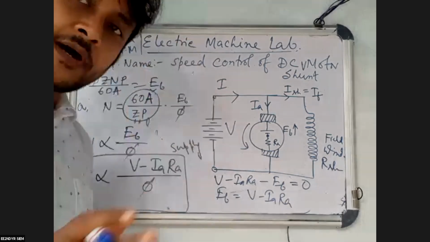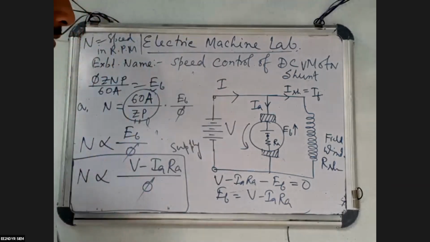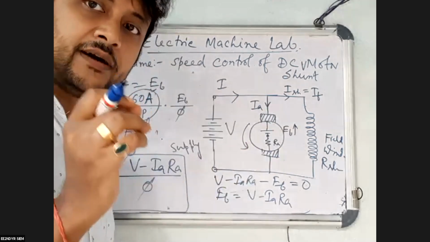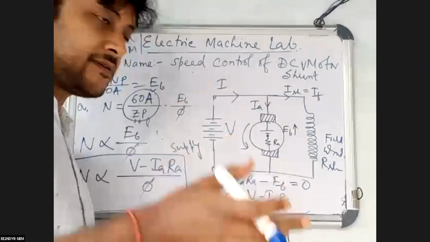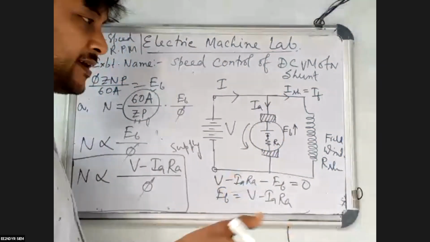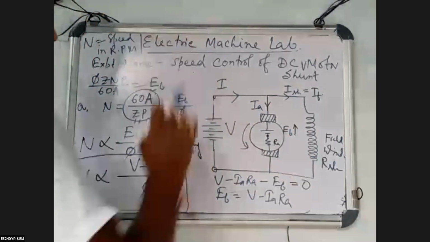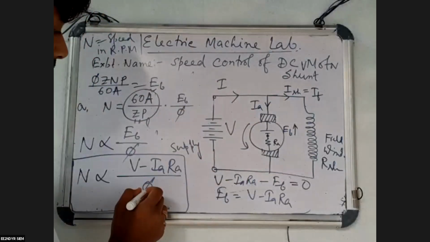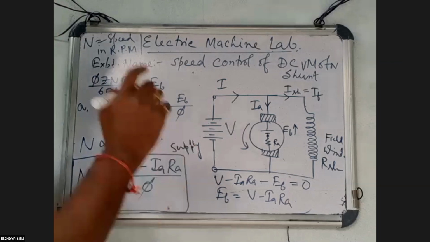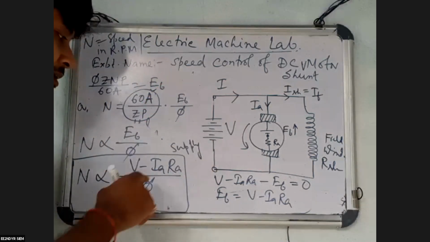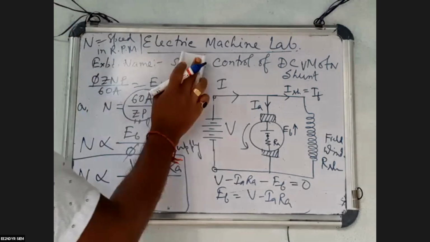So for that part, what will we do? We will put a rheostat in series with this winding, and this is the flux, right? If flux increases, then speed decreases. How does the flux increase?